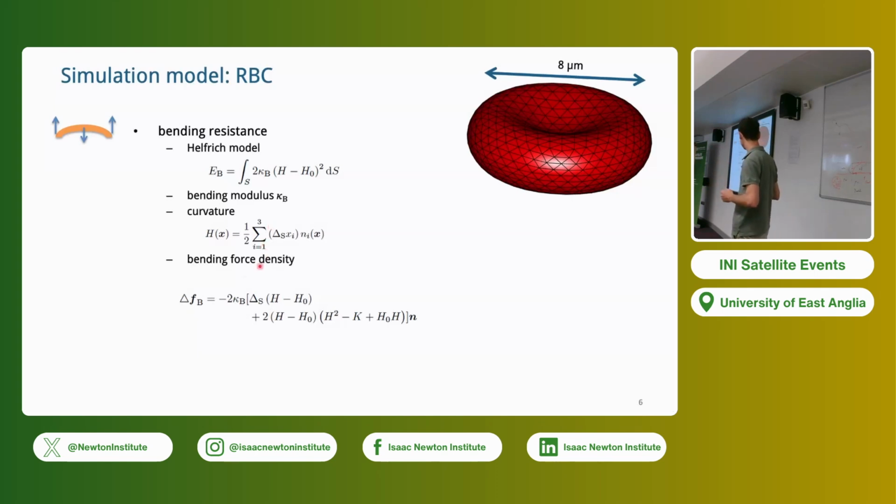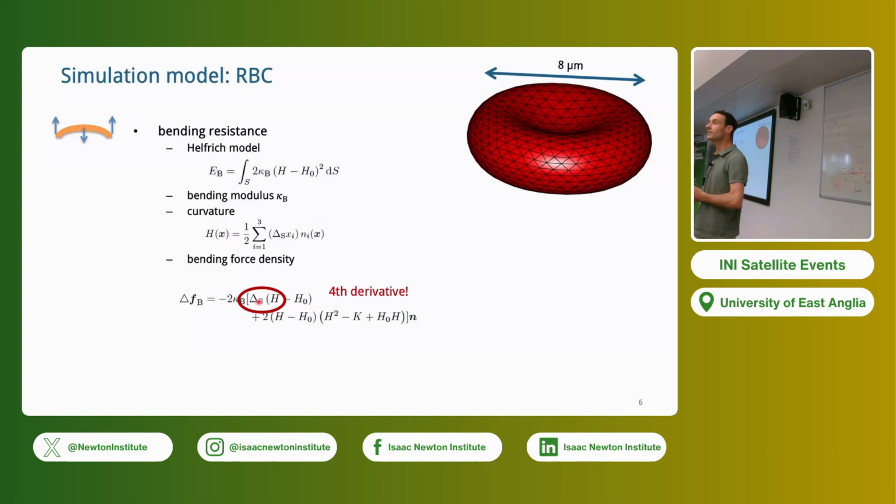So that's what it looks like here. That's the delta F. That is the bending force density on the surface. And that has as the most important ingredient, again, this Laplace-Beltrami now applied on the curvature. So you're taking the second derivative of the curvature, and the curvature already is the second derivative. So what you have to do here is to take the fourth derivative on a discretized surface.